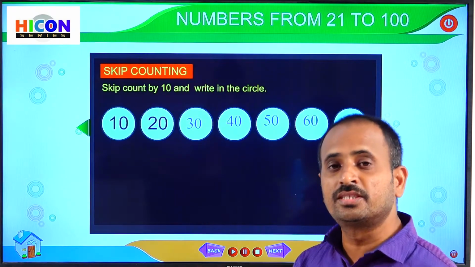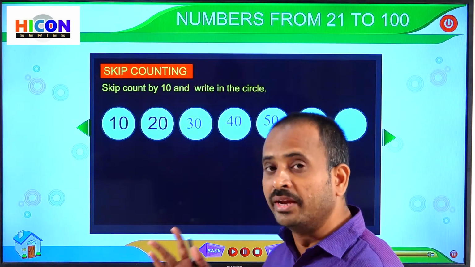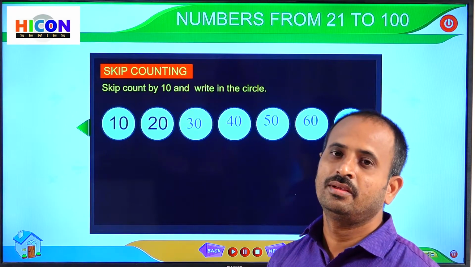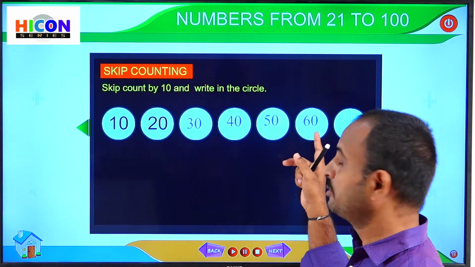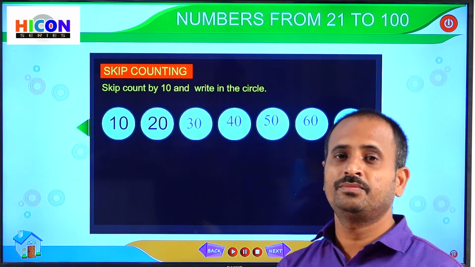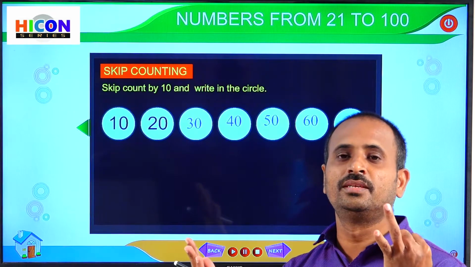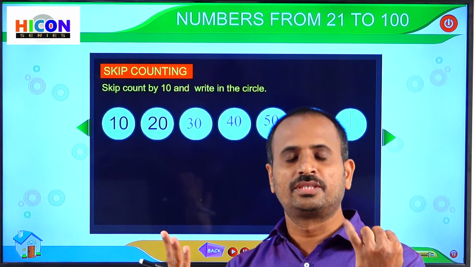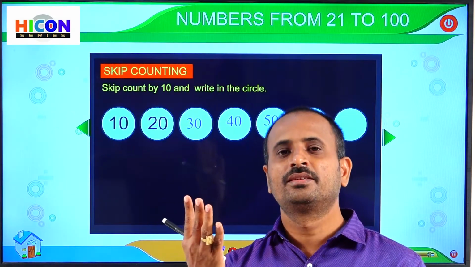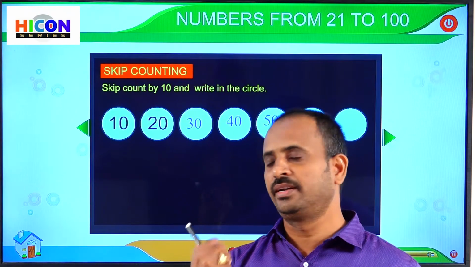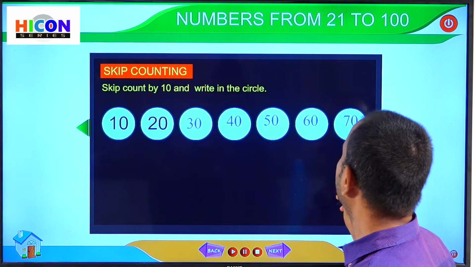So children, after 60, you have learned at the beginning of the chapter how to write the numbers from 21 to 100. So remember how to write the numbers from 61. So after 60, 61, 62, 63, 64, 65, 66, 67, 68, 69, 70. So write 70 in this circle.